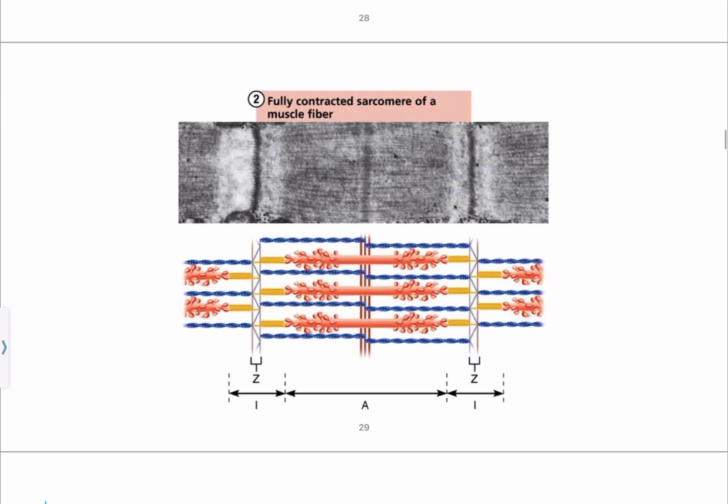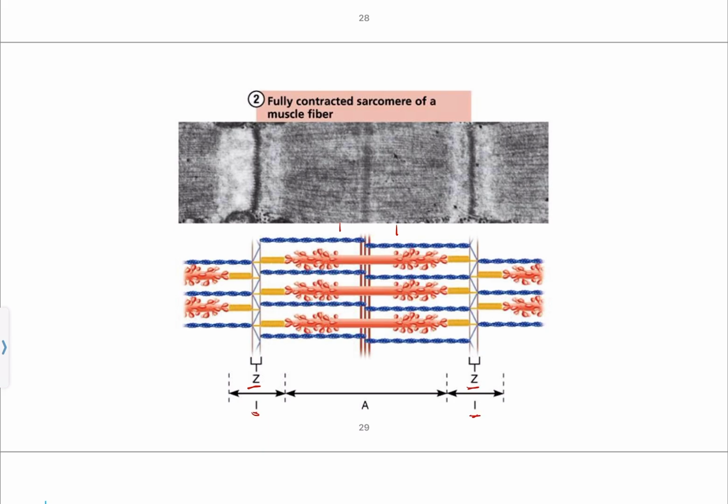Here we can see that before, we had our H zone, which was present between here and here. That's completely gone now because we've overlapped our thin and our thick filaments even more. So we've completely lost our H zone.